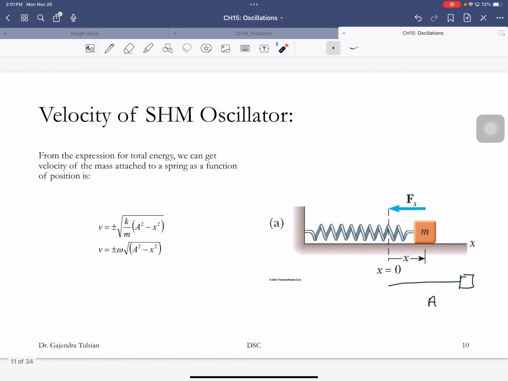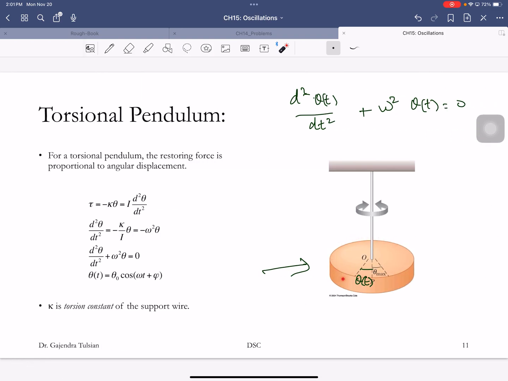All right, so here's the next system. So we will take this disk, a uniform disk, and suspend it by a wire, and the motion will be, we'll twist it, and it'll oscillate back and forth like that. And the configuration of the system, so okay, this is the equilibrium position, and we'll measure the disturbance theta as a function of time.